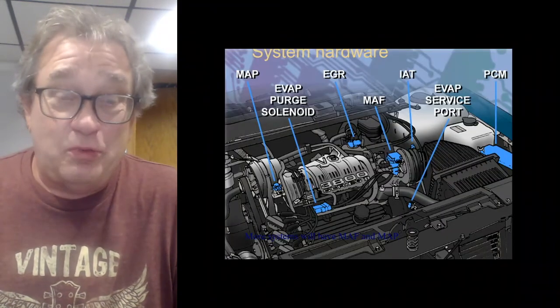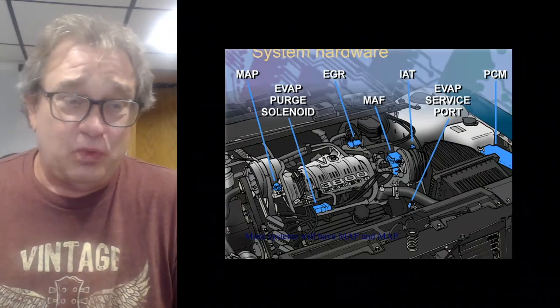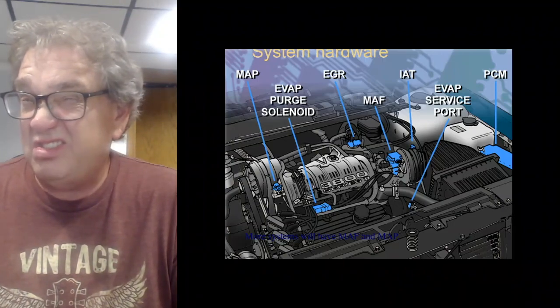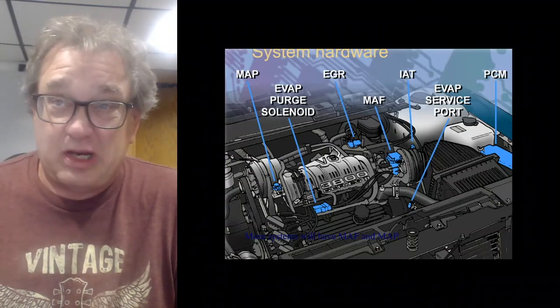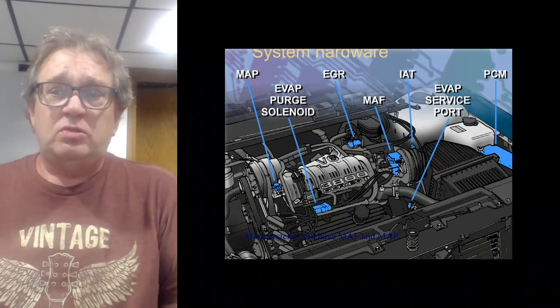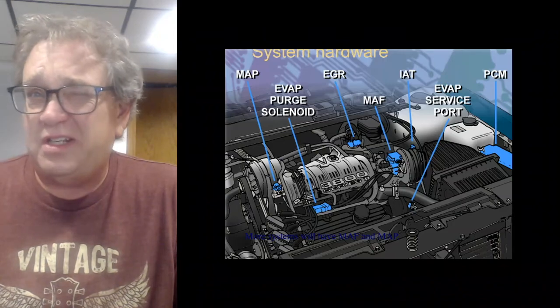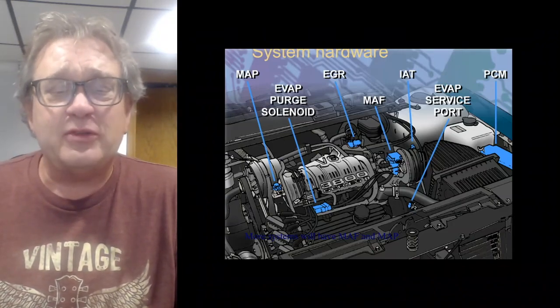OBD2 shares a lot of components across platforms. Do all cars have EGR? No, a lot of times that's not on a lot of cars. All cars have EVAP systems? Well, if it's gasoline powered and it is after like 1965 or so, yeah, it probably has one.